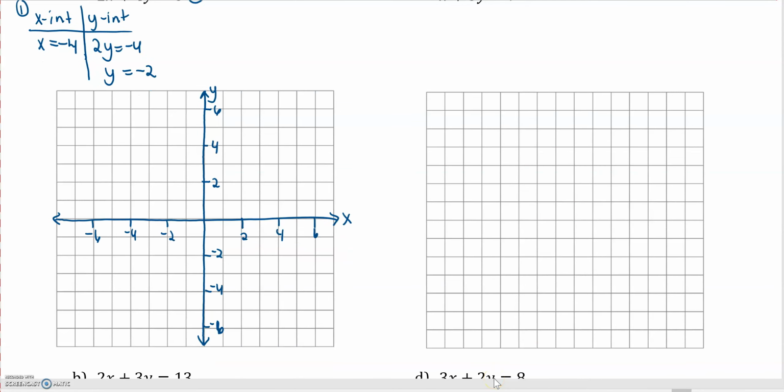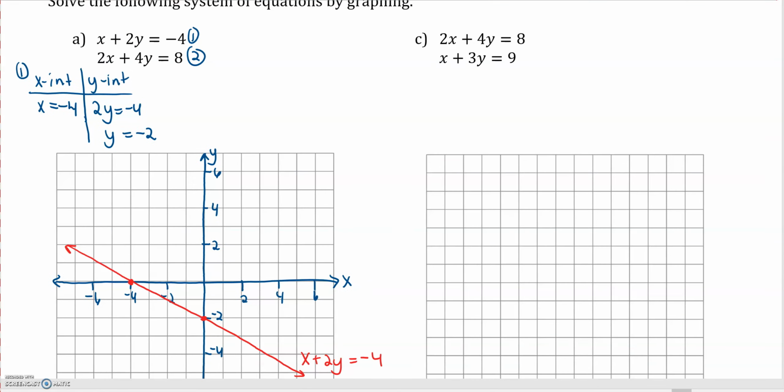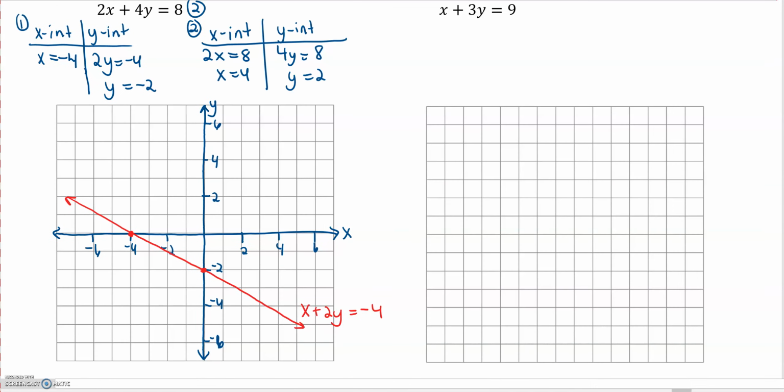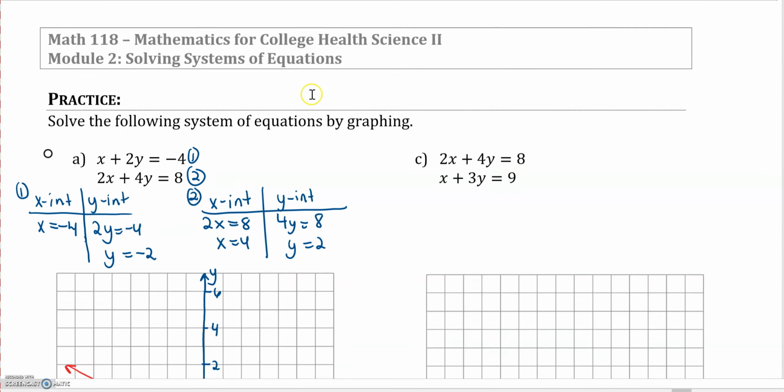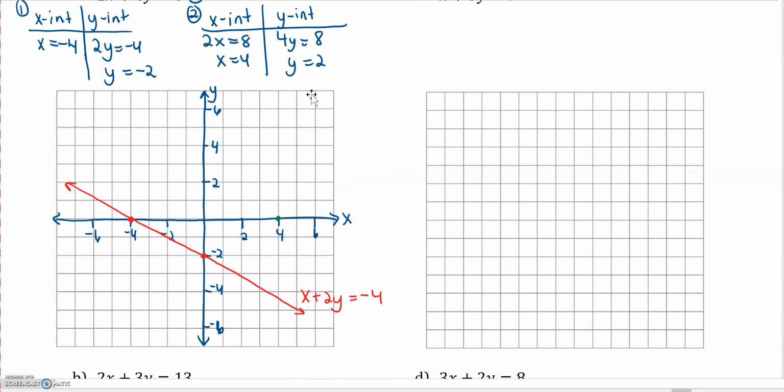Our x-intercept of equation 1 is negative 4, and the y-intercept of equation 1 is negative 2. Now, looking at equation 2, we can also determine the x and y-intercepts. We find equation 2 has an x-intercept of 4 and a y-intercept of 2.